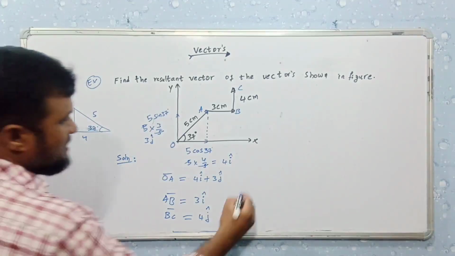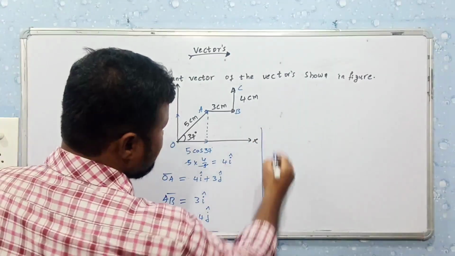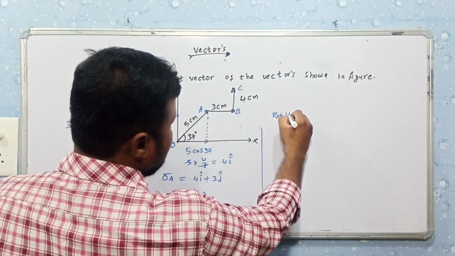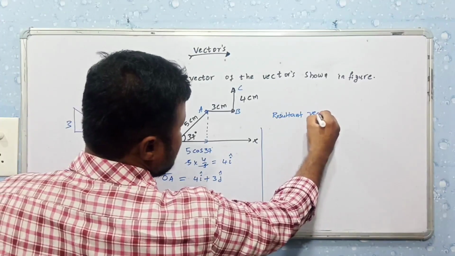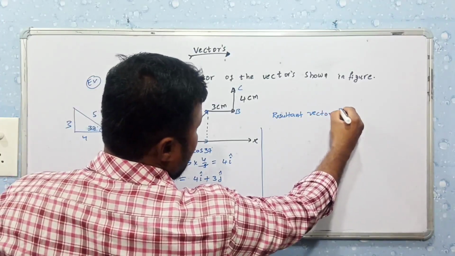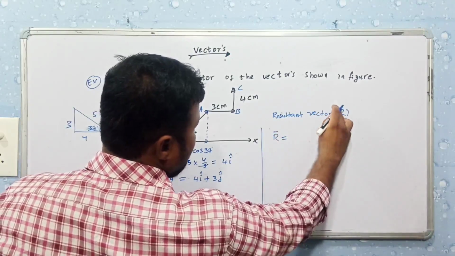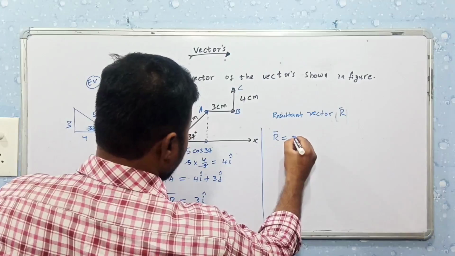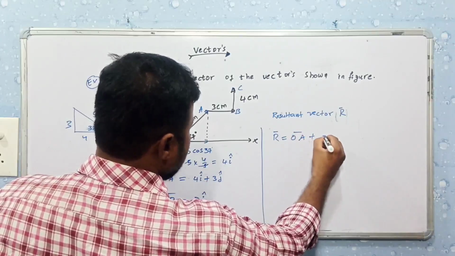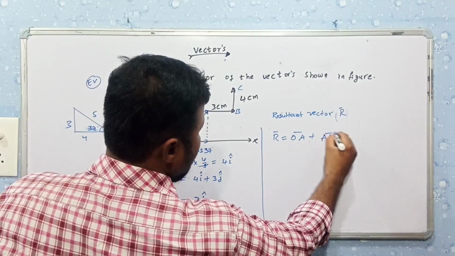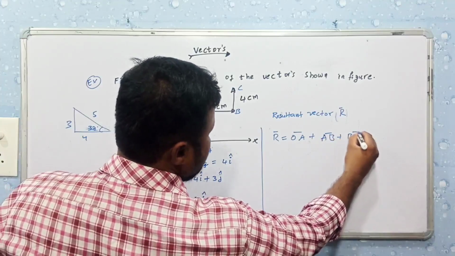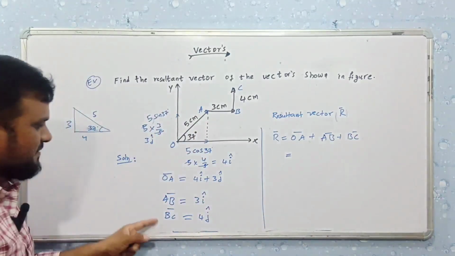So resultant vector R bar is equal to OA bar plus AB bar plus BC bar. What is OA?